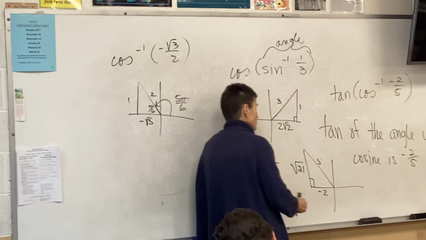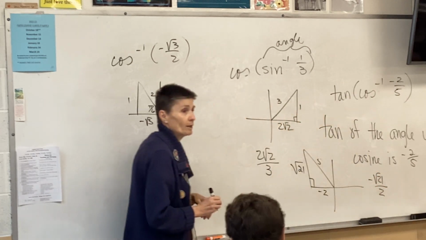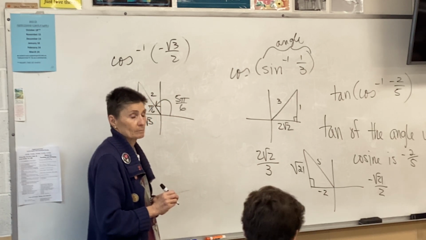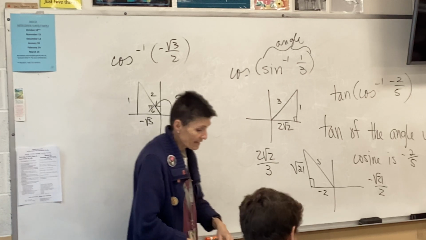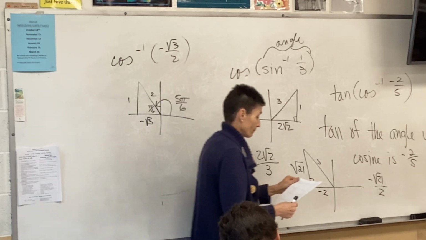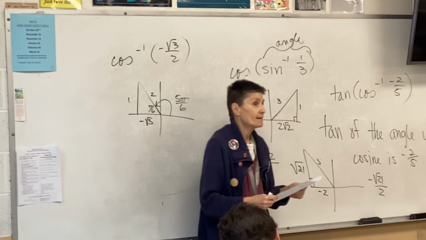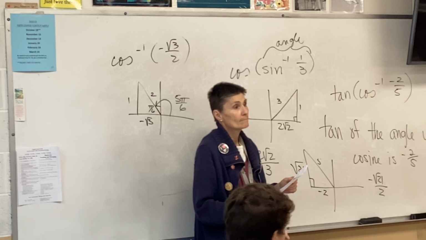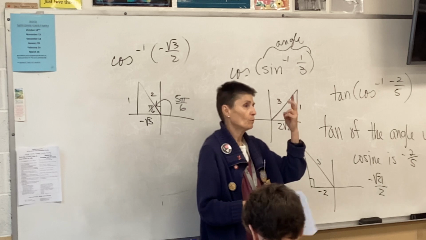All right, so what's my tangent? -√21/2? Got it? Is that the answer? That's the answer. We are done. It's kind of like logarithms. Well, you know how a logarithm is the inverse of an exponential? Cosine's quadrant 1 and 2.